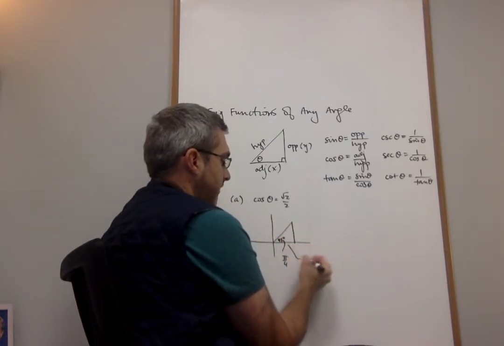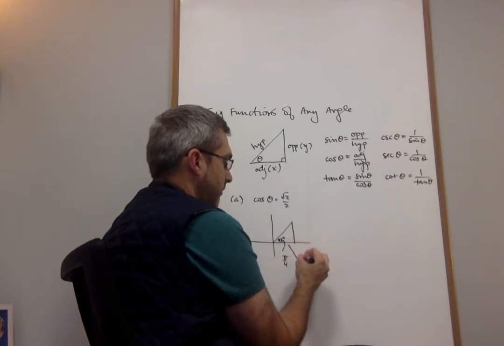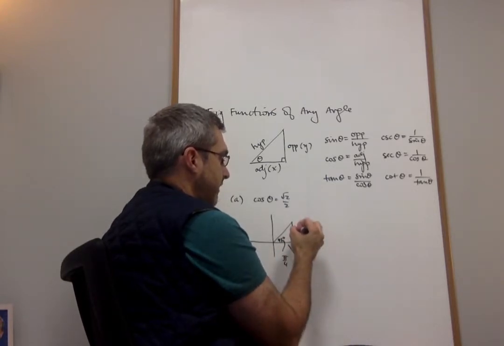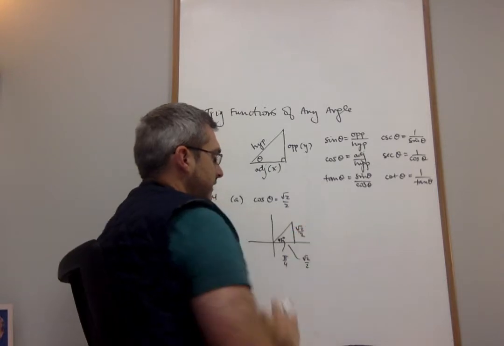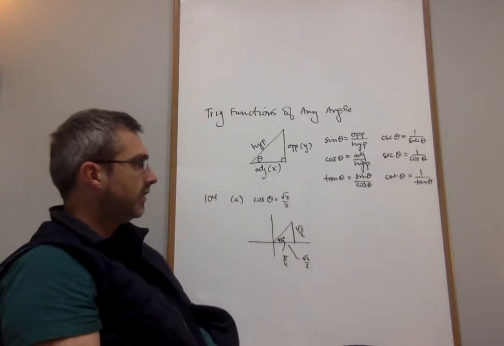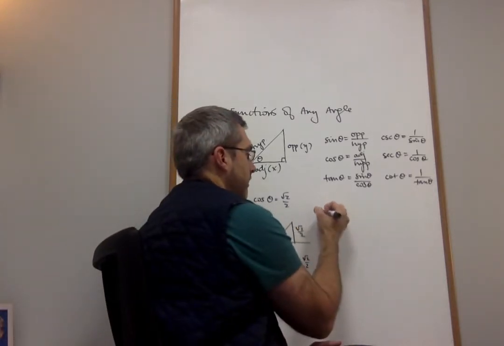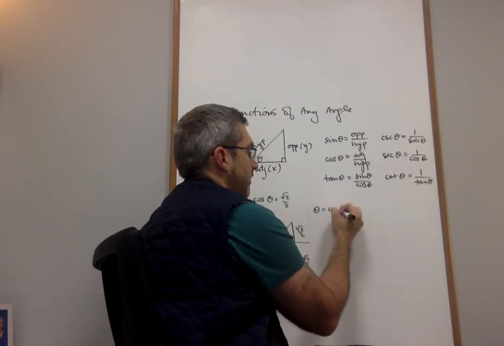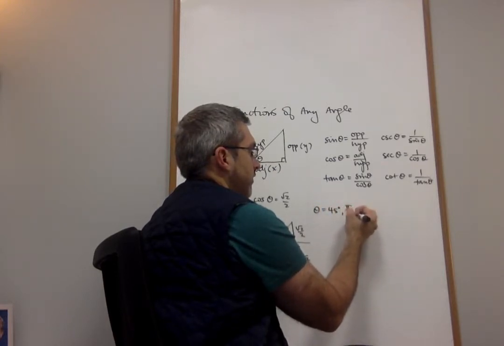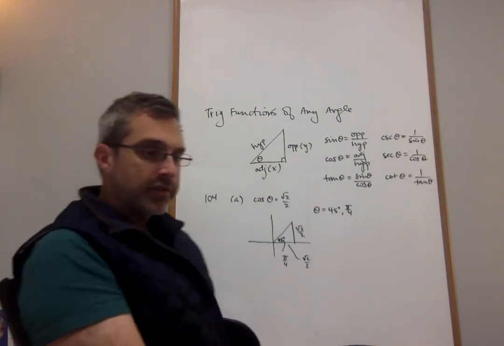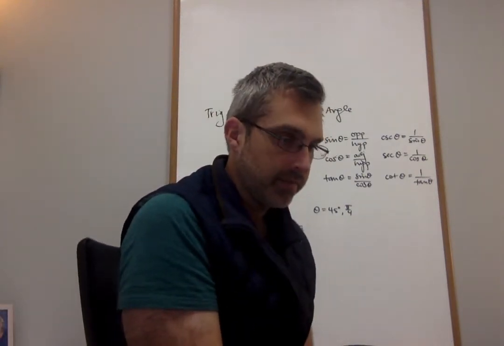In that case, the cosine, remember the cosine's the x part, is root 2 over 2, and the sine is also root 2 over 2. So one angle that would work here is 45 degrees or pi over 4. But I'm supposed to come up with 2 solutions.